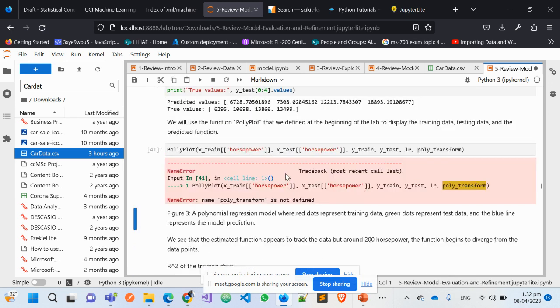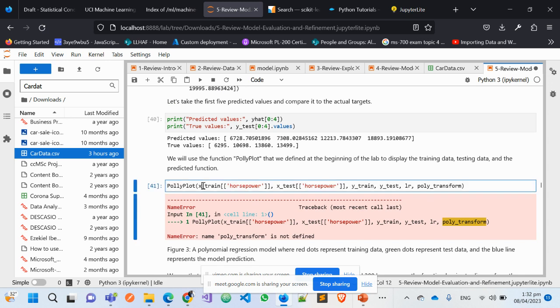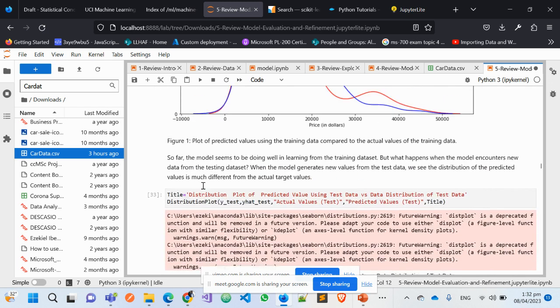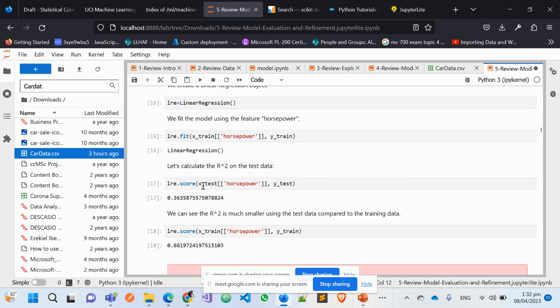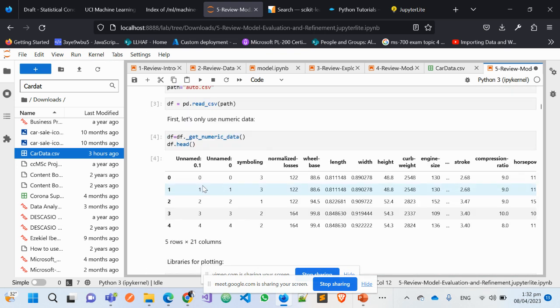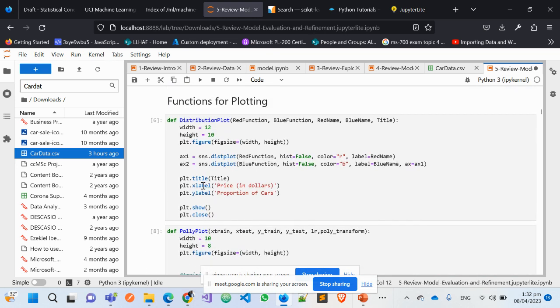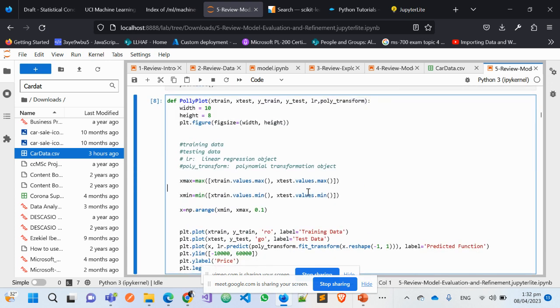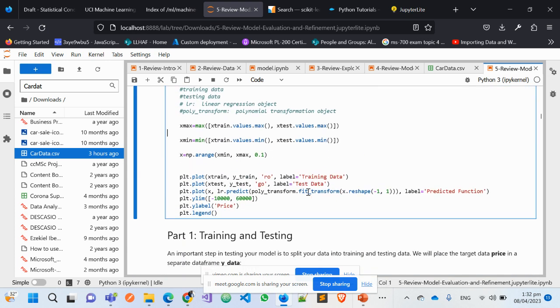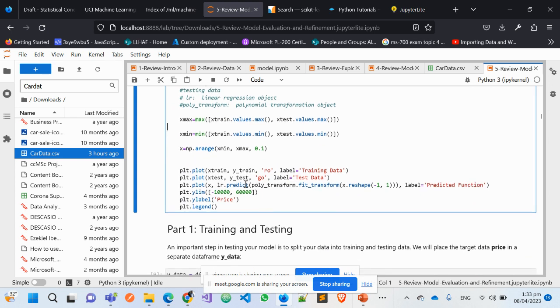Where is this coming from? Okay, it's coming from our function definition. That should come from our function definition. Polynomial transform here, polynomial transform. Okay, it's saying that it's not defined. And why is it not defined?